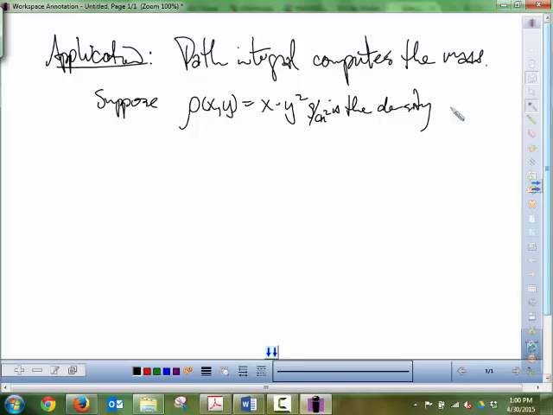This is the density of a wire given by the curve C, and we could do a circle, or something a little more interesting. Let's do a circle: x squared plus y squared is equal to 4.